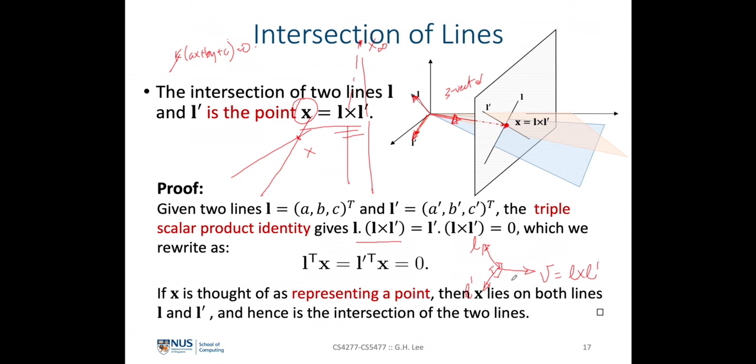And if we take the dot product of V with either L or L prime, since they are 90 degrees apart, the dot product of these two is going to equal 0.